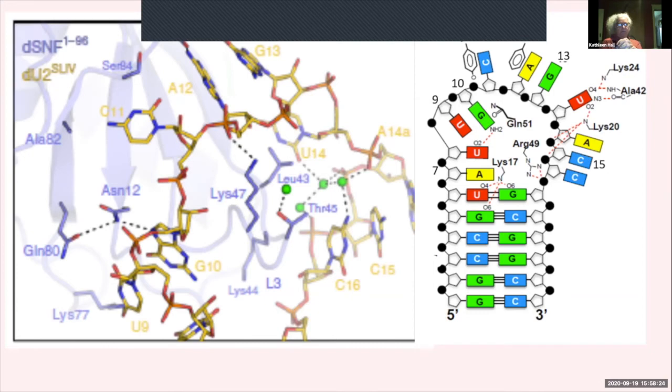This is something that Jim Krantz in my lab showed a number of years ago. There's a network of interactions on the surface of the protein that can be disrupted. And so the binding actually depends on the temperature, whether or not you're enthalpy or entropy driven.